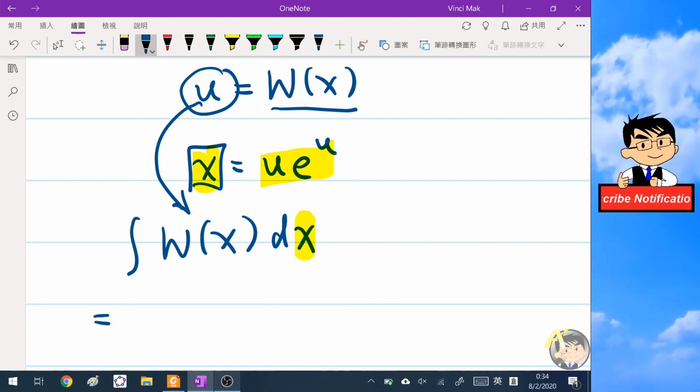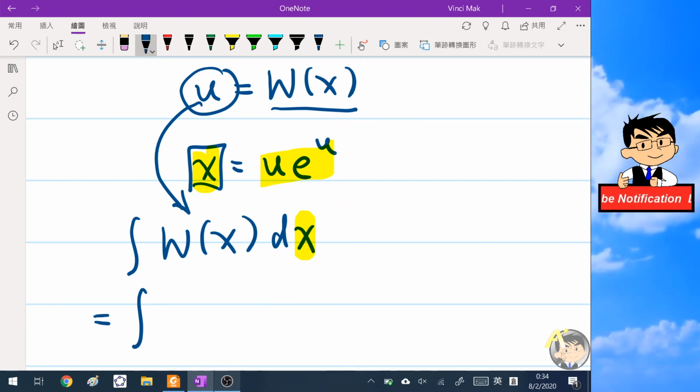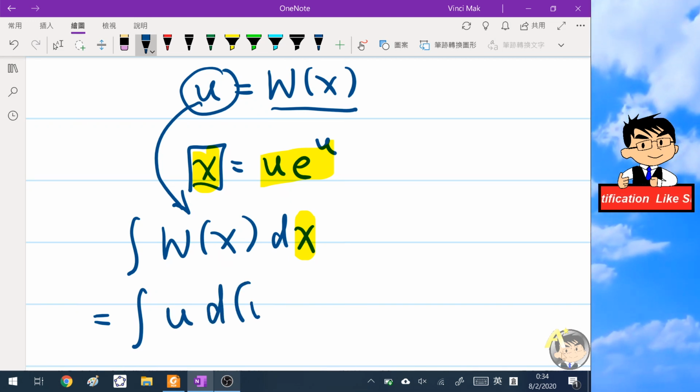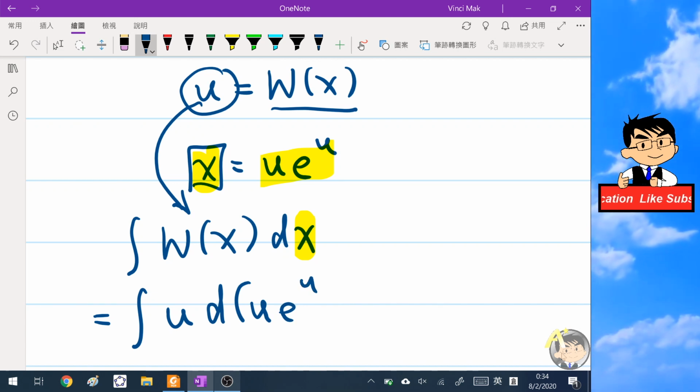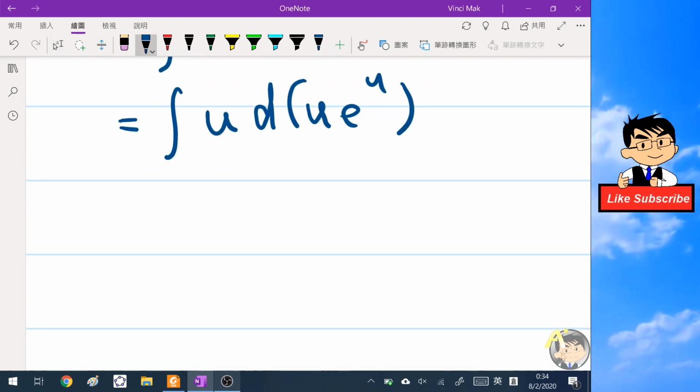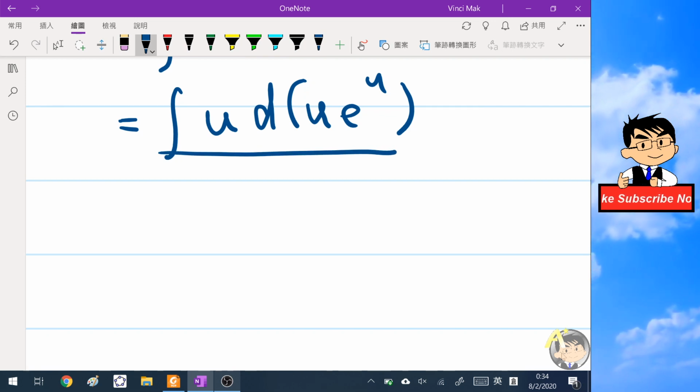So now the integral becomes integrate u, differentiate u times e to the power of u, and then we can apply the integration by parts.